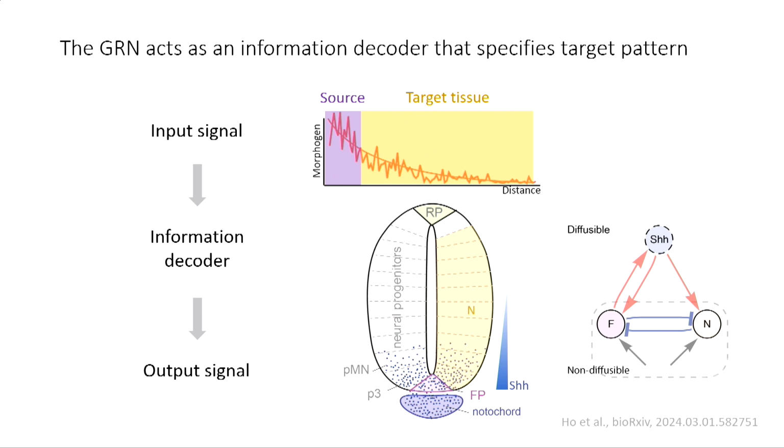But sonic hedgehog that is produced by the floor plate due to the expression of this gene is just floating and spreading through diffusion. But when you think about that, it's like adding an additional arrow here from the output to the input. So you have the signal feedback, and it's not obvious how this feedback will affect the formation of the source and the pattern.